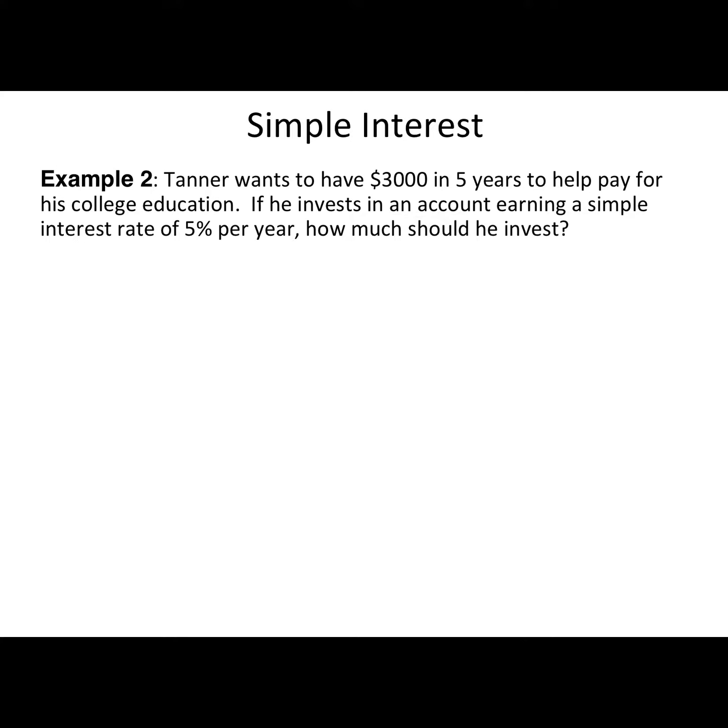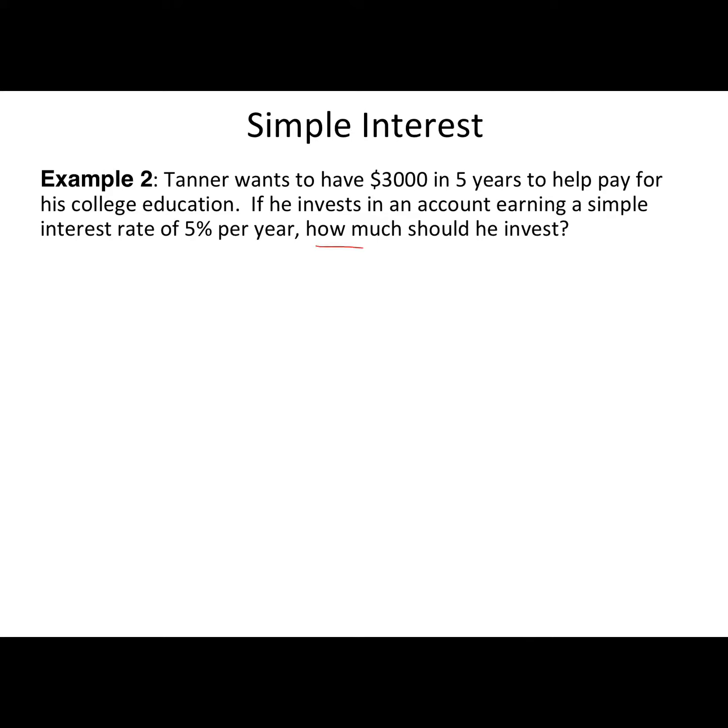Let's try another one. Tanner wants to have $3,000 in 5 years to help pay for his college education. If he invests in an account earning a simple interest rate of 5% per year, how much should he invest? So what is this question asking you to solve for?